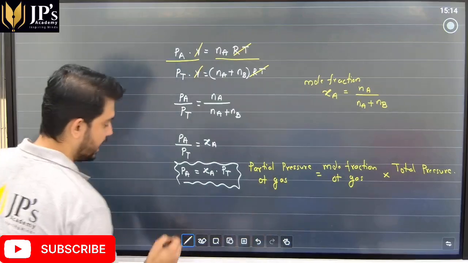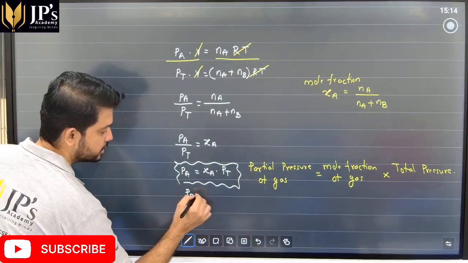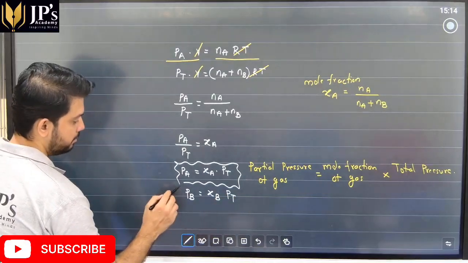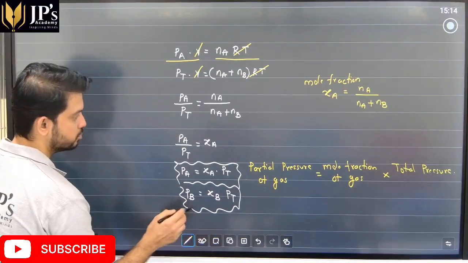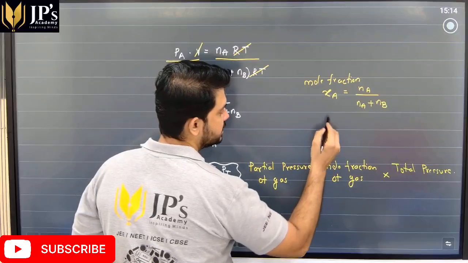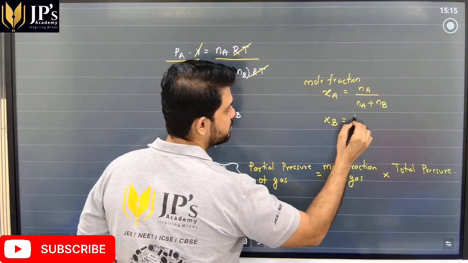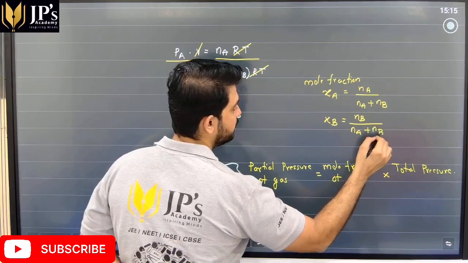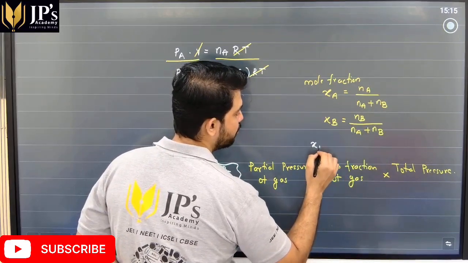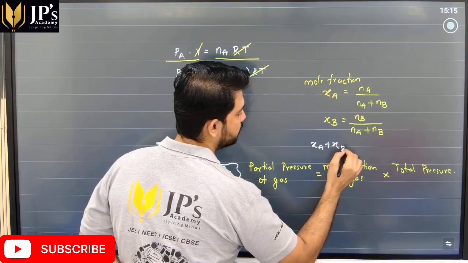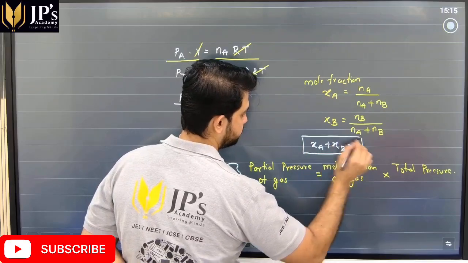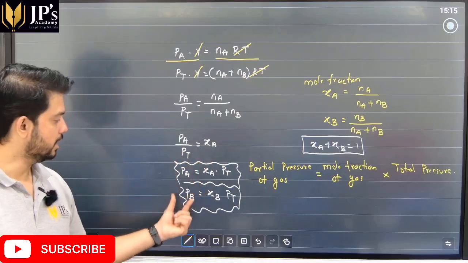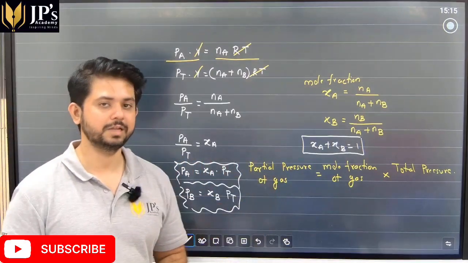Similarly, since we had gas B, the partial pressure of gas B will be the mole fraction of gas B into Pt. And one more expression, always remember, I can write XB, the mole fraction of gas B, as Nb upon (Na plus Nb), and the sum of mole fractions is always equal to 1. So students, this is another expression that we have derived from Dalton's law.